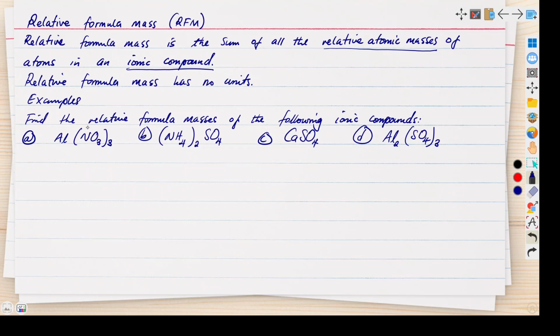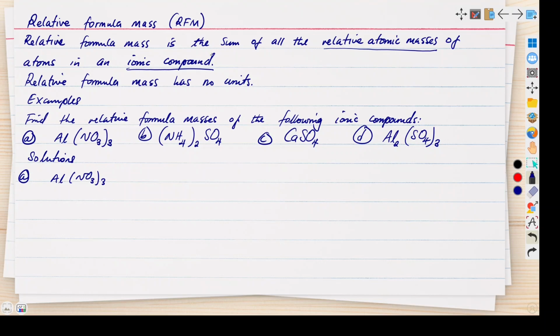So the question says find the relative formula masses of the following ionic compounds. So solutions will go like this. For A, we have been given this compound here, aluminium nitrate. For you to answer this question, you must know the definition.